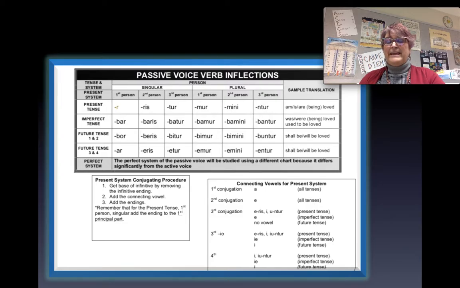So that E is long, which is why it sounds like A. Ar, aris, atur, amur, amini, entur. Notice when we look at the connecting vowel chart for third conjugation verbs that there is no connecting vowel between the base and this third and fourth future tense ending.